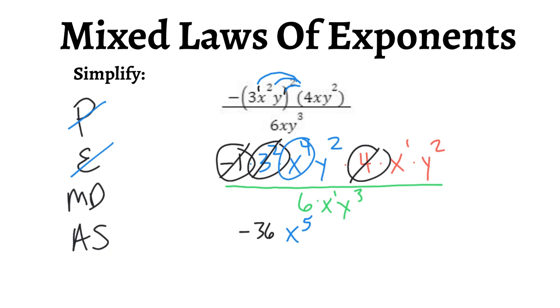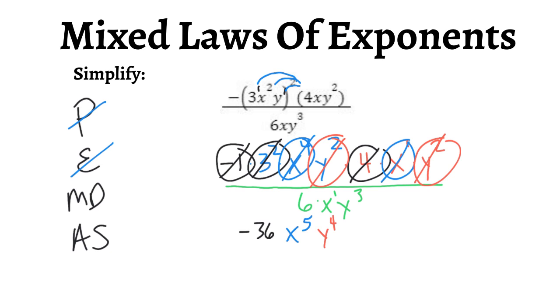And that combines those terms. And lastly, in the top, I'm left with y squared times y squared. And again, I'm going to add the exponents. So I want to write this as y to the 4th power in the numerator. 2 plus 2 equals 4. And that combines these terms.